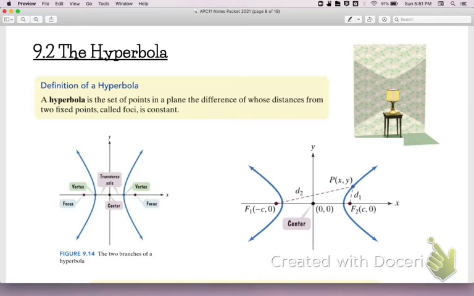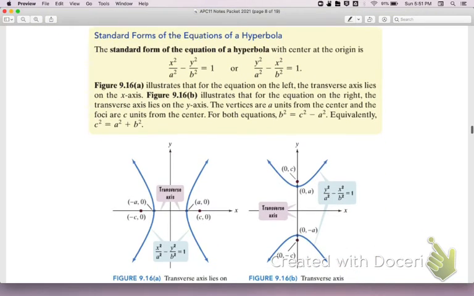Here is the standard form equation of a hyperbola. Remember, with ellipses, a squared always had to be the bigger number because with addition, order doesn't matter. But with a hyperbola, since the formula has subtraction in it, the order does matter.